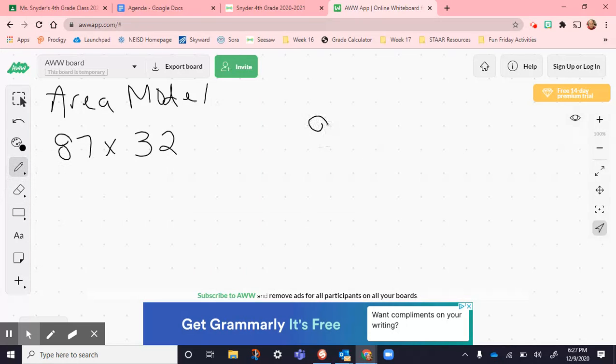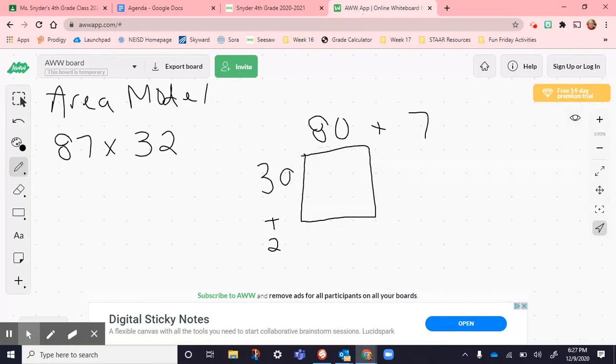So this would be 80 plus 7, and this would be 30 plus 2. And so when you draw the box, this box right here is going to be pretty large. This one right here is going to be not as big.